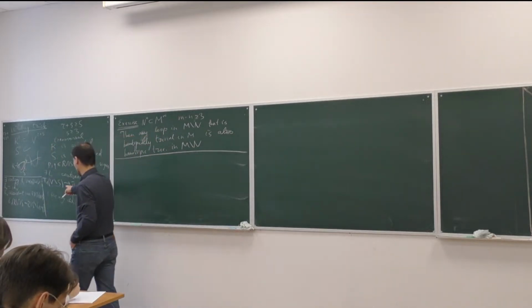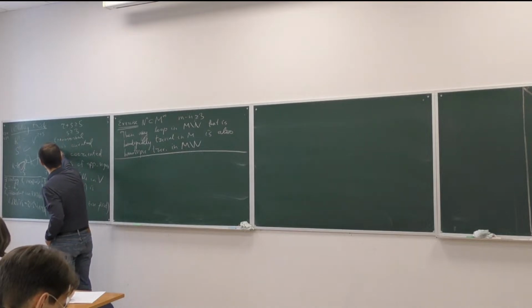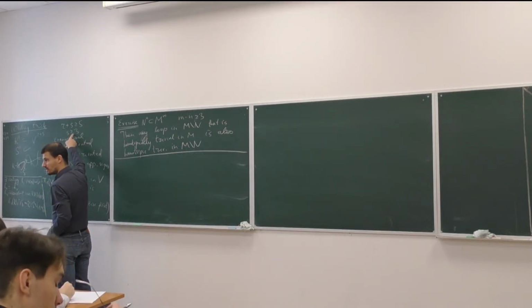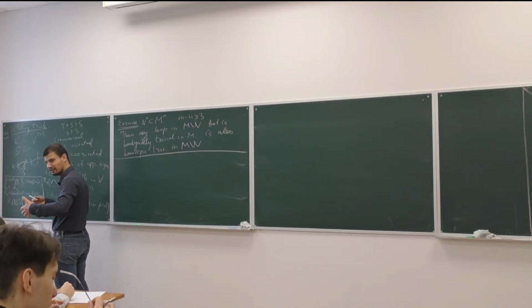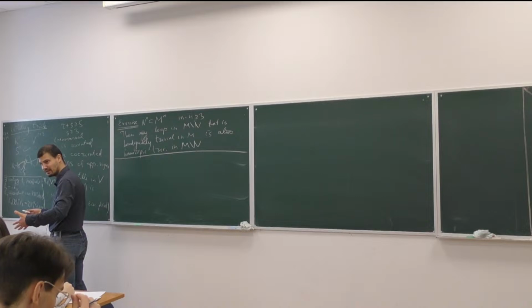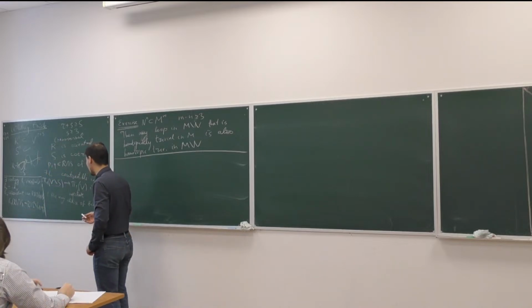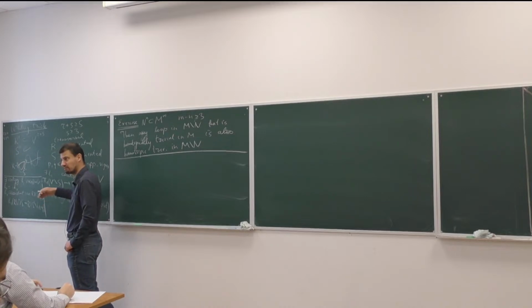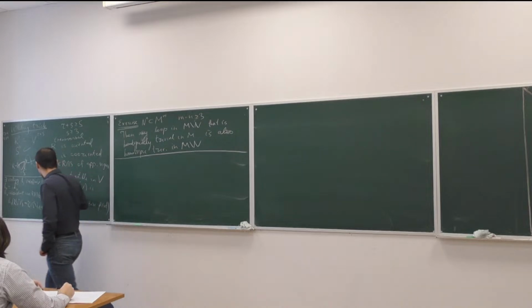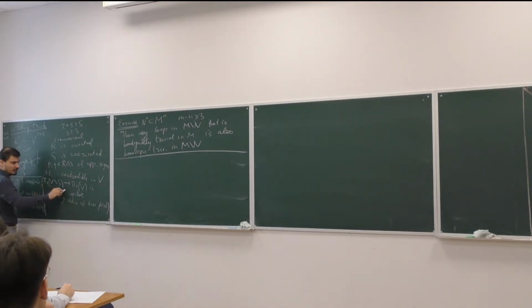Look, R has dimension at least 3. So we can always make this homotopy non-intersecting to R. But for S, it is not always true. S can have dimension less than 3. So we need to require this.